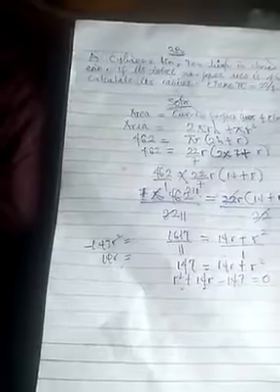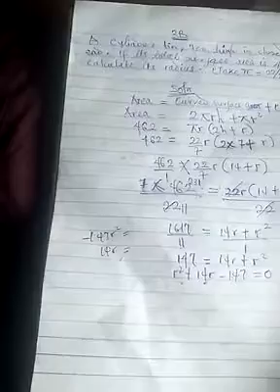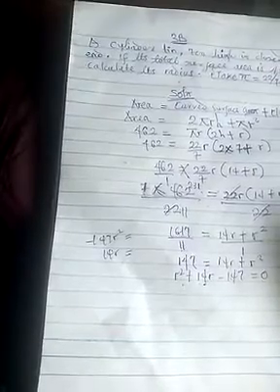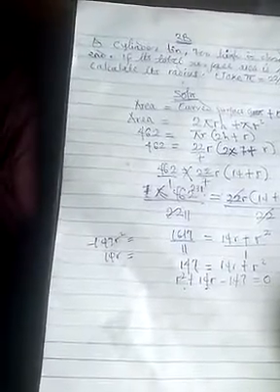So then the two numbers should be, okay, let's look at all the factors of 147. So that should be 21 and minus 7, because 21 times minus 7 will give us minus 147.